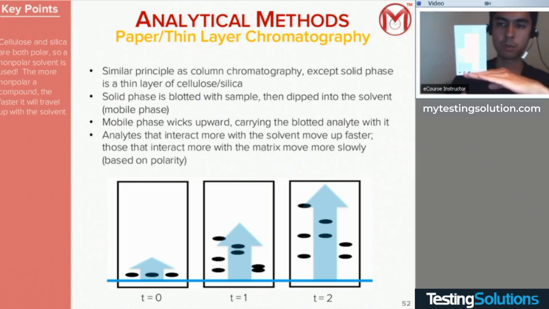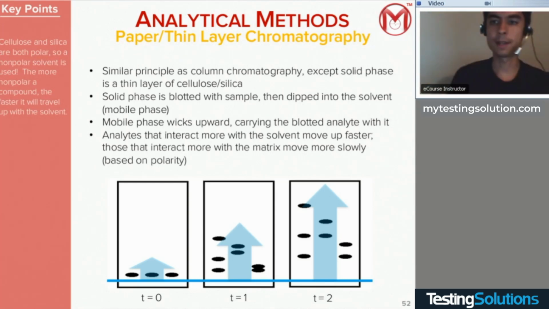And the solvent will start to wick upwards. And as it does, the pigments, the colors, will start to separate out based on their polarities. So the nonpolar solvent travels this time. The nonpolar solvent is the mobile phase this time. And the stationary phase is the polar one.